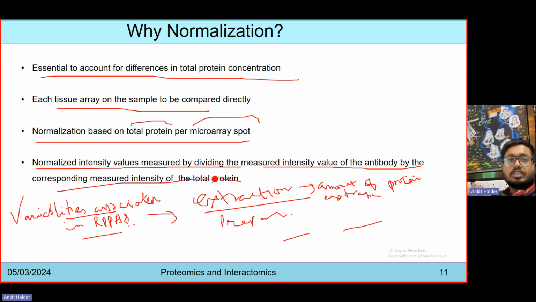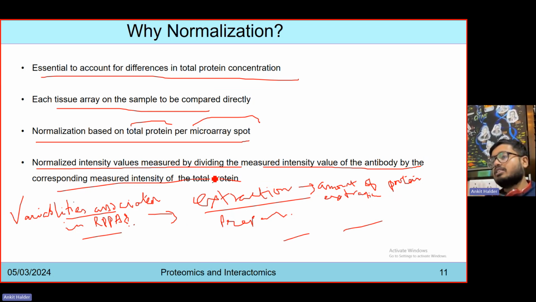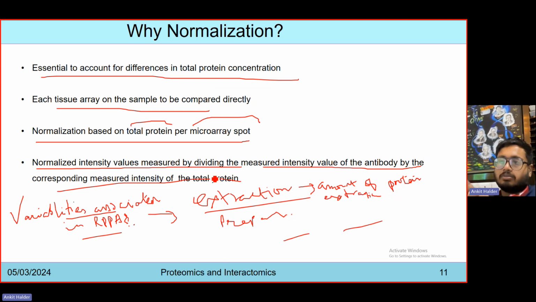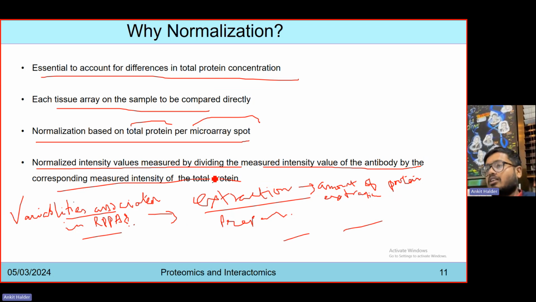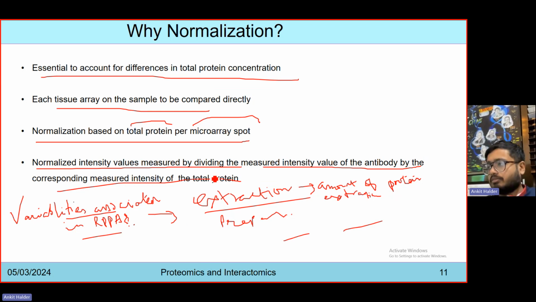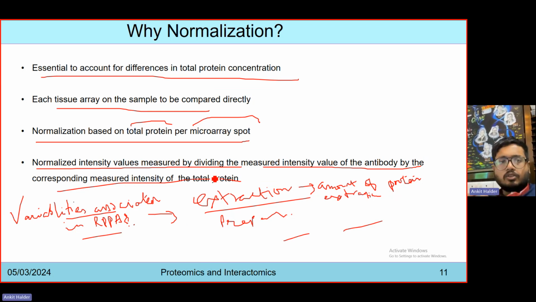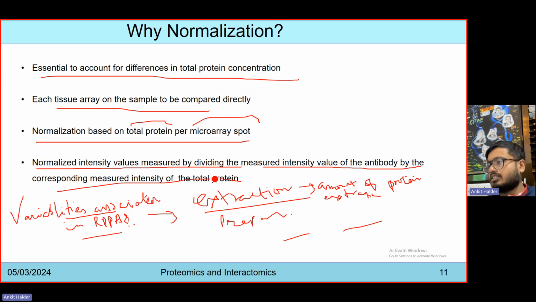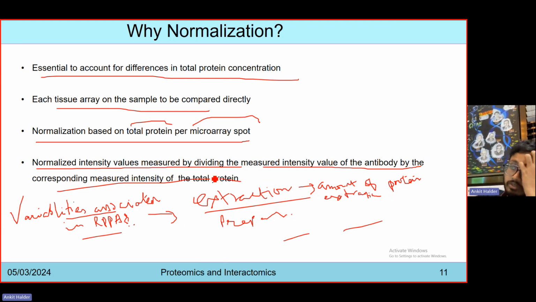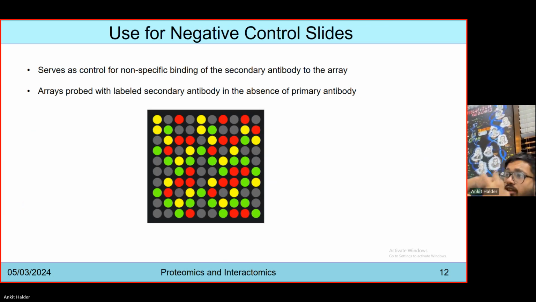This is how you get the normalized values, showing how much of the antibody and how much of the total protein.